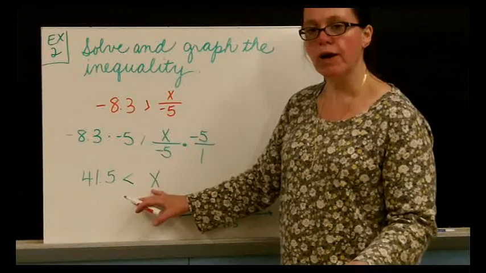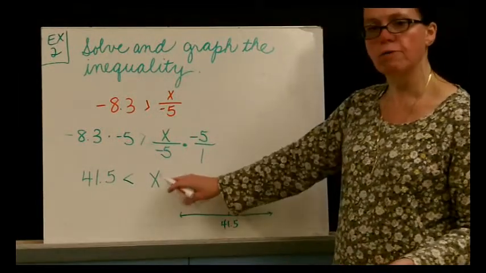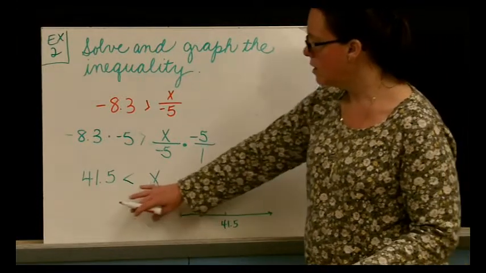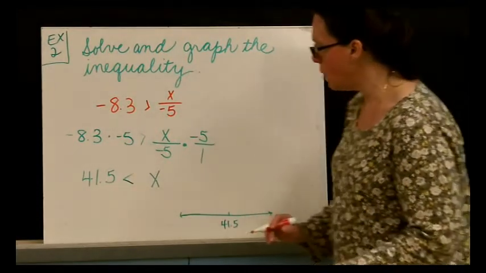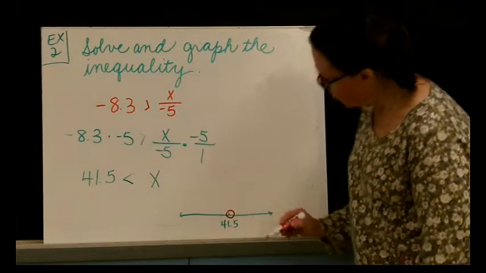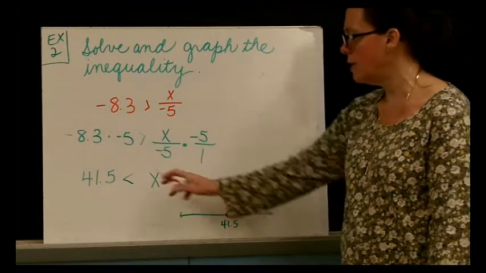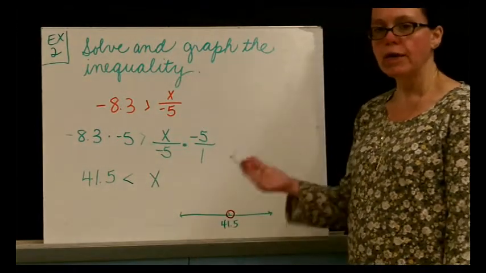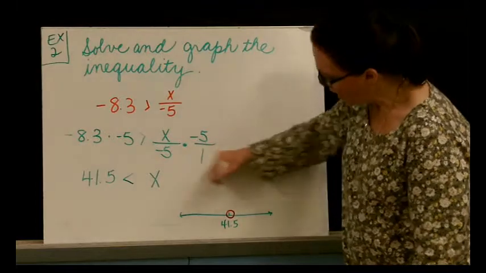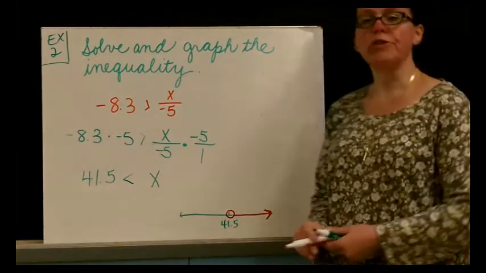But in order to graph it, it makes it easier, I think, if you read it from the perspective of the x. X is greater than 41.5. Since it's greater than, we have an open circle over the 41.5 because it cannot be included in the solution set. And if x is greater than, we draw our arrow moving to the right.